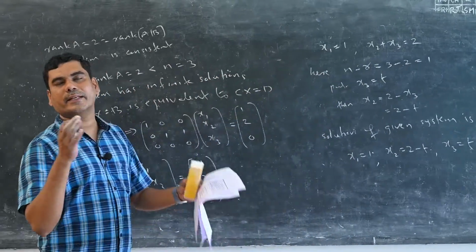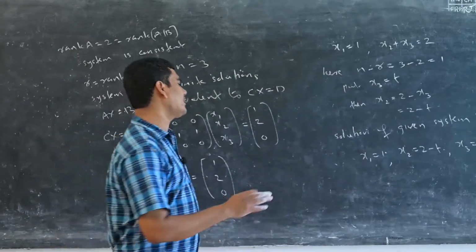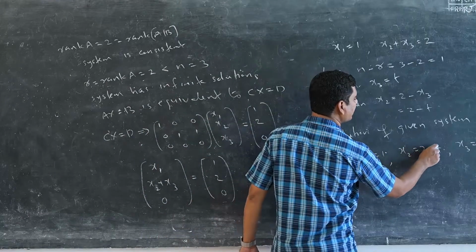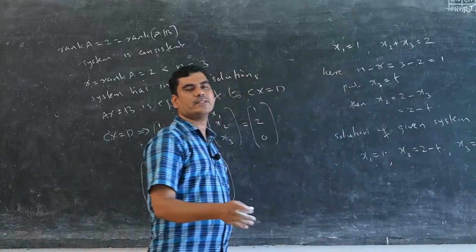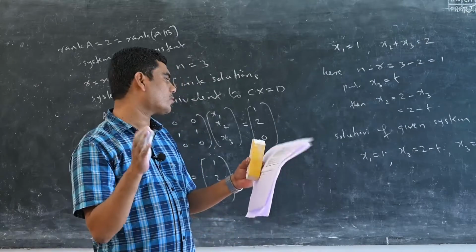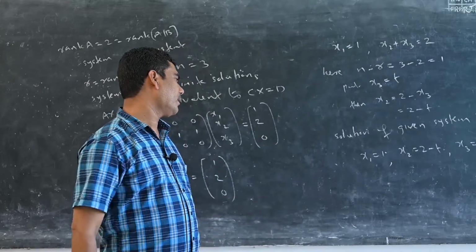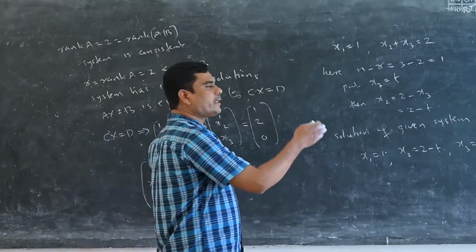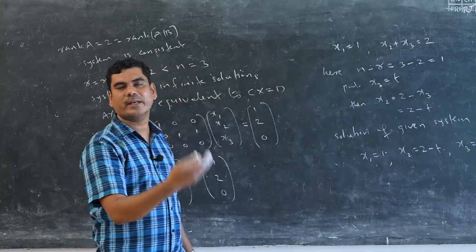For any real number t we give, x1 is equal to 1, x2 is equal to 2 minus t, x3 is equal to t satisfies the three equations of the given system. Here we can choose t any real number, so the system has infinitely many solutions.